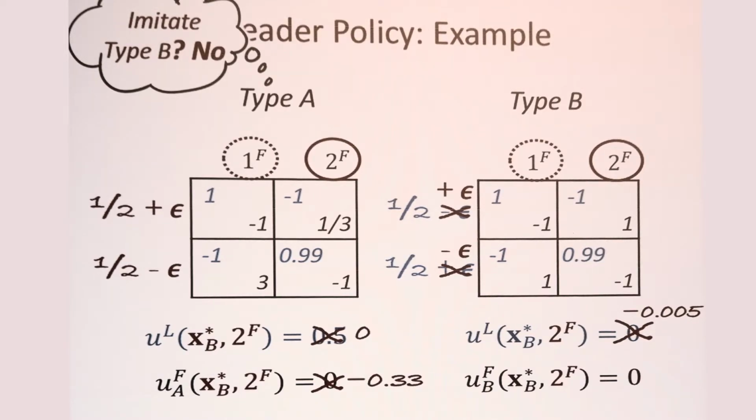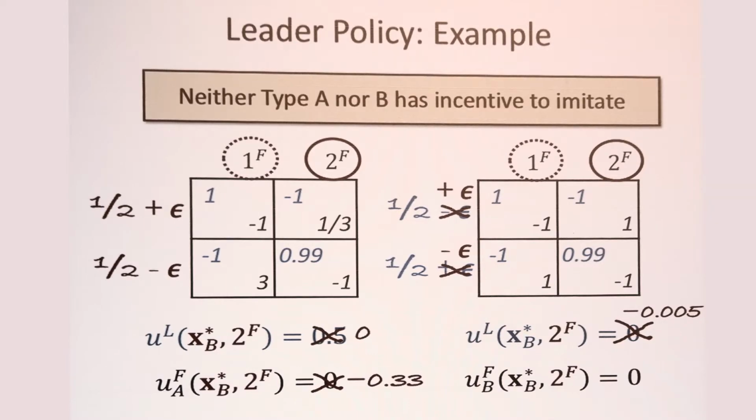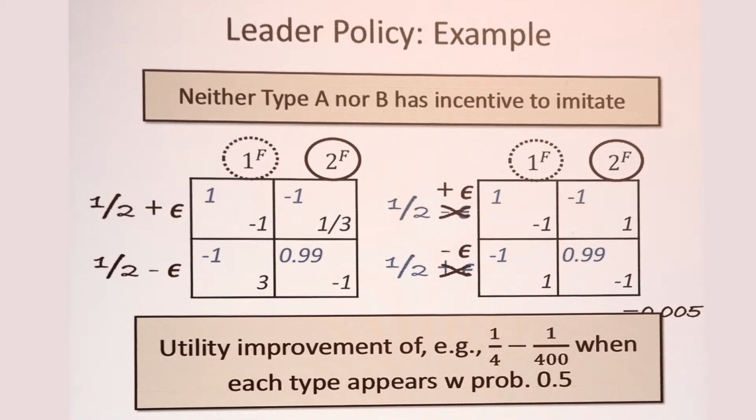And in fact, it can be verified that under this new policy, no follower type has any incentive to imitate a different follower type. And let's say if both follower types appear with probability 0.5, this new policy is able to improve the leader's utility by around 1/4, as compared to the case when follower deception is ignored.